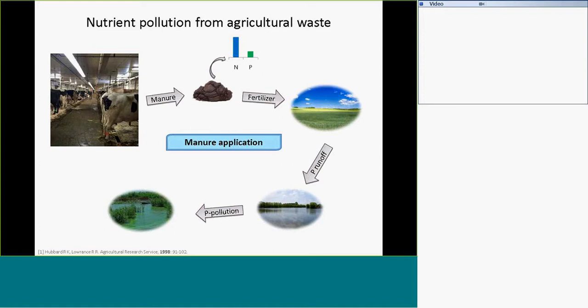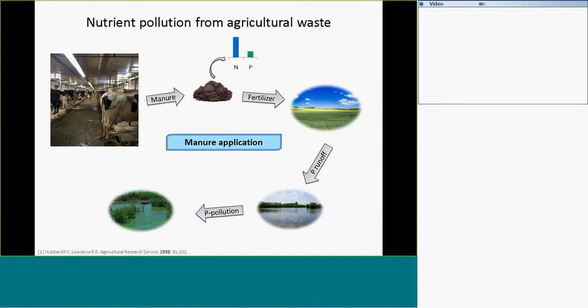And in reality, when farmers apply animal waste on crop land, they apply it based on the nitrogen requirement for either corn or sometimes soybean. And they will find phosphorus in excess.